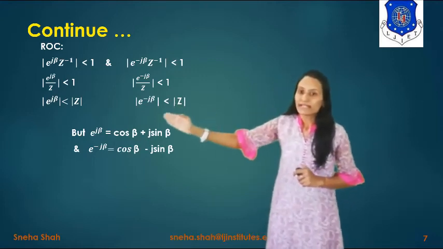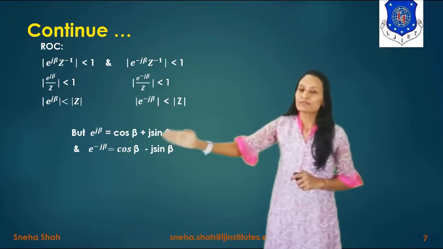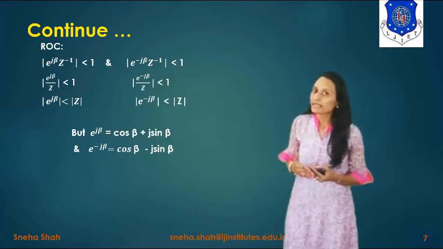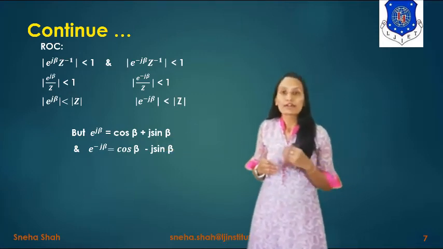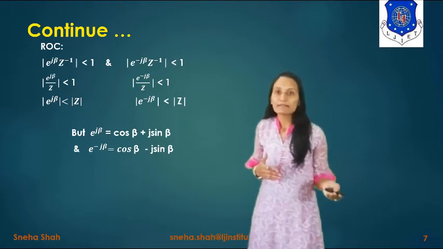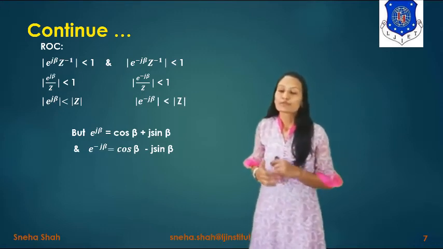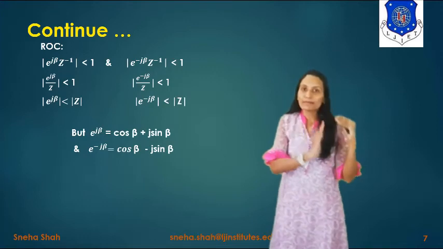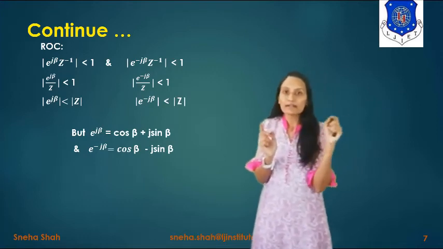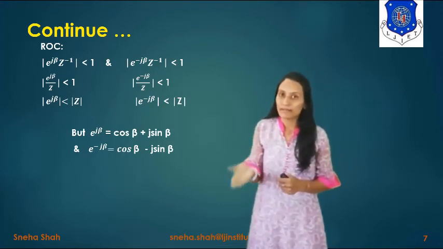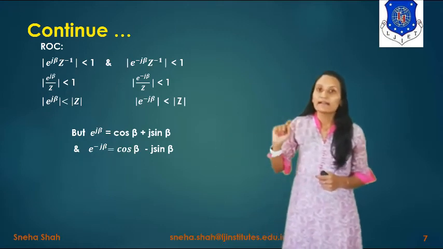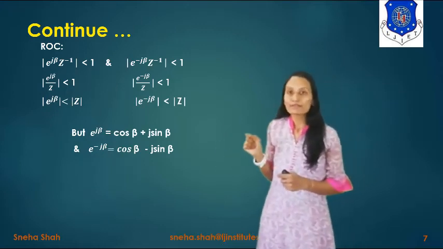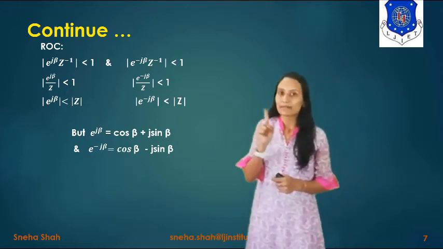It is the square root of real part square plus imaginary part square, right? So if we are finding the mod of these two values, what will be the real part? Cos beta. And what will be the imaginary part? Sin beta or minus sin beta, right? So taking the square root of real part square plus imaginary part square, the value will be the square root of cos square beta plus sin square beta. Now as you know, cos square beta plus sin square beta equals 1.